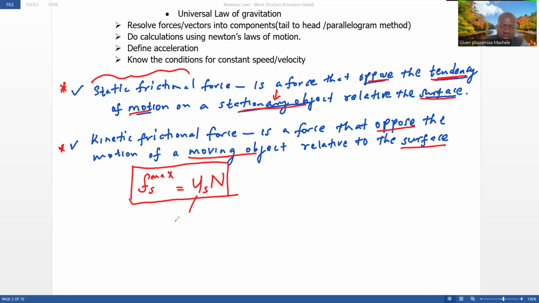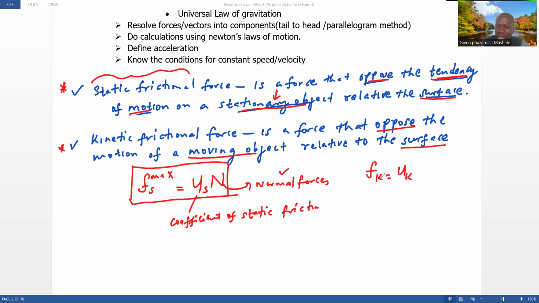Remember, mu s is called the coefficient of static friction. Then the n here is the normal force, which means the frictional force depends on the normal force. But for kinetic, Fk would be mu k times n. This one is for a kinetic frictional force.